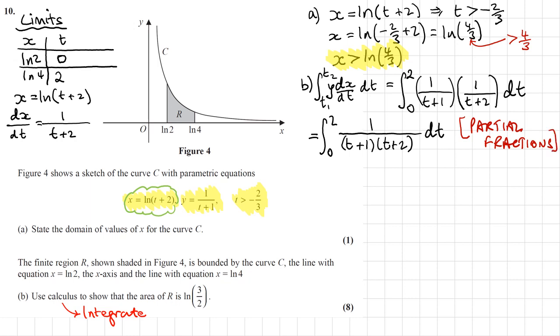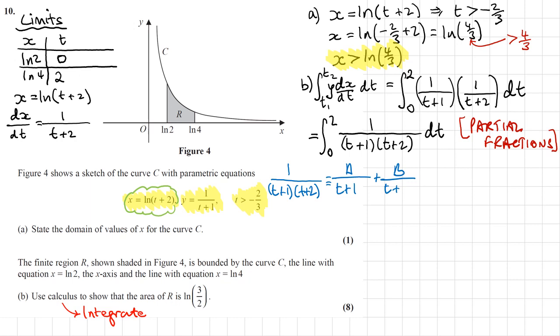Okay, so I'm now going to set up my partial fraction and work it out. Let's do it in blue. So 1 over t plus 1 times t plus 2 is going to be equivalent to a over t plus 1 plus b over t plus 2.